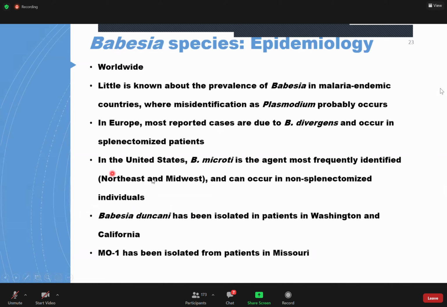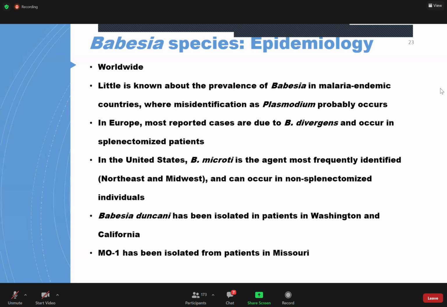It has a worldwide occurrence, but in areas where malaria prevalence is high, it's very difficult to say anything about Babesia in such environments. And I already told you earlier that the trophozoite stage is indistinguishable morphologically from that of Plasmodium. So in a Plasmodium endemic area, the usual thing is for the lab to report trophozoites of Plasmodium species seen.